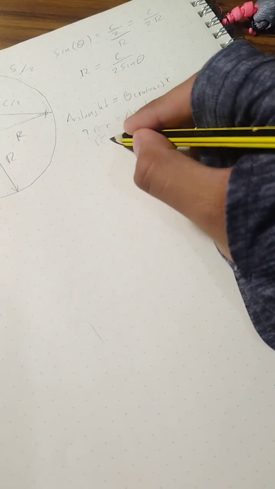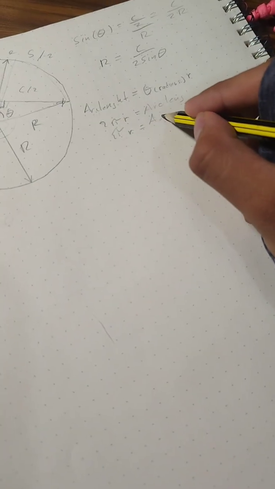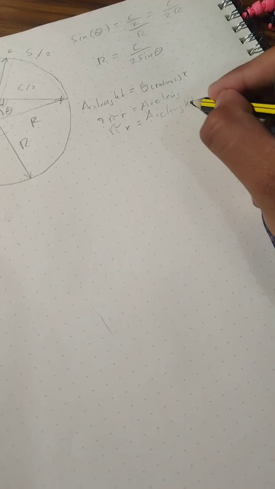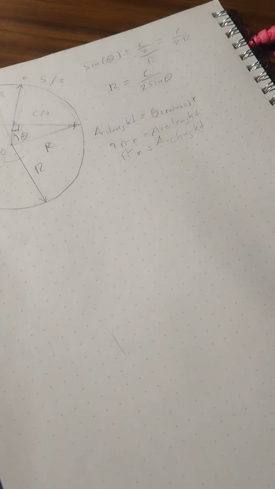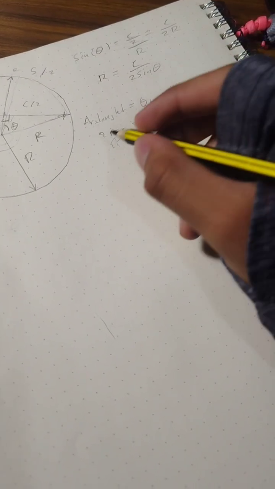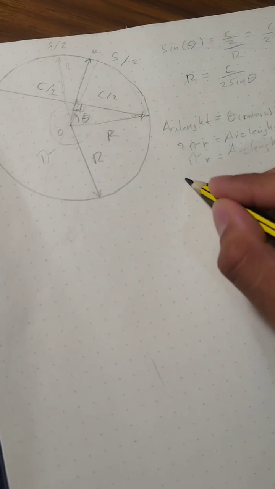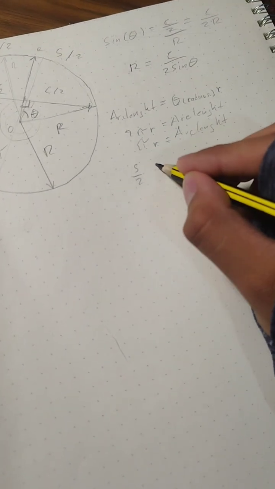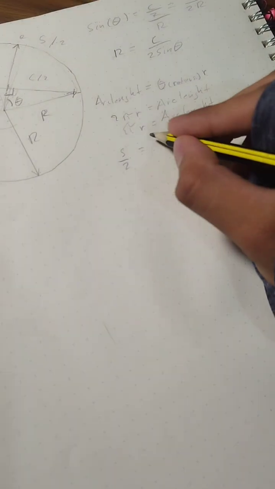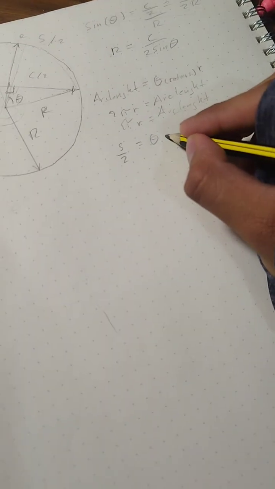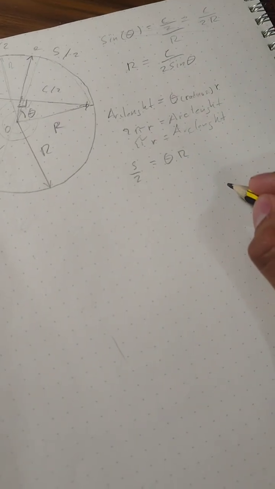So it will be pi r equals this thing. Wait, I forgot the half. So it makes sense to say that s/2 equals theta times r, right?